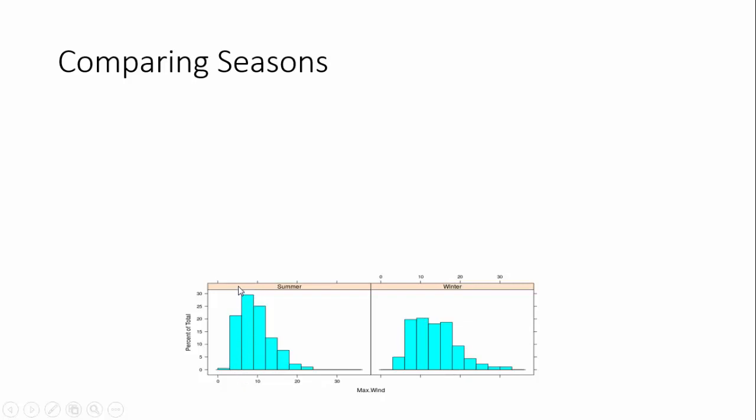In the summertime, it's pretty typically less than 10 miles per hour. But in the wintertime, you have some things that are less than 10, but there are some that are more, and in fact, quite a bit more, right? So 10 and 15 and 16 and 17 out here. So this mode kind of stretches out that way. So I see a couple things going on there. Okay.